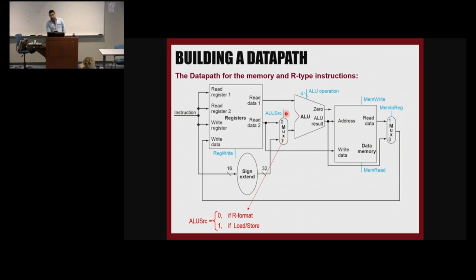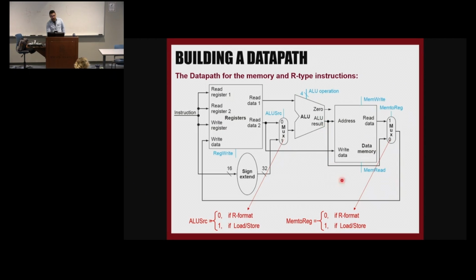Then we have an ALU source signal. The ALU source chooses between these two, which path we want to go. And then we have the ALU here and the data memory. And then we have another multiplexer that chooses whether the thing that I want to write back to the register file is coming from the memory or is coming from the ALU.